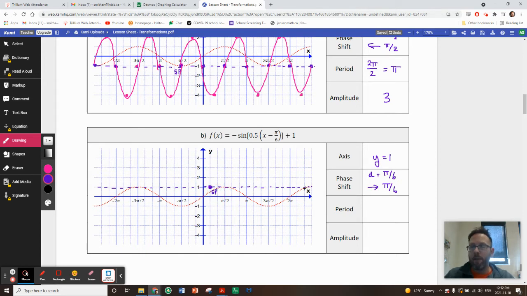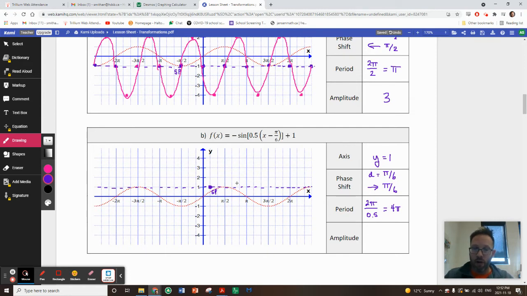All right, and what's my period? So I can add more points. Here, our value of k is 0.5, meaning our period is going to stretch by 2 pi divided by 0.5. We get 4 pi. So the period's going to be 4 pi, which means every half period, 2 pi, we're going to be coming back down and hitting the axis.